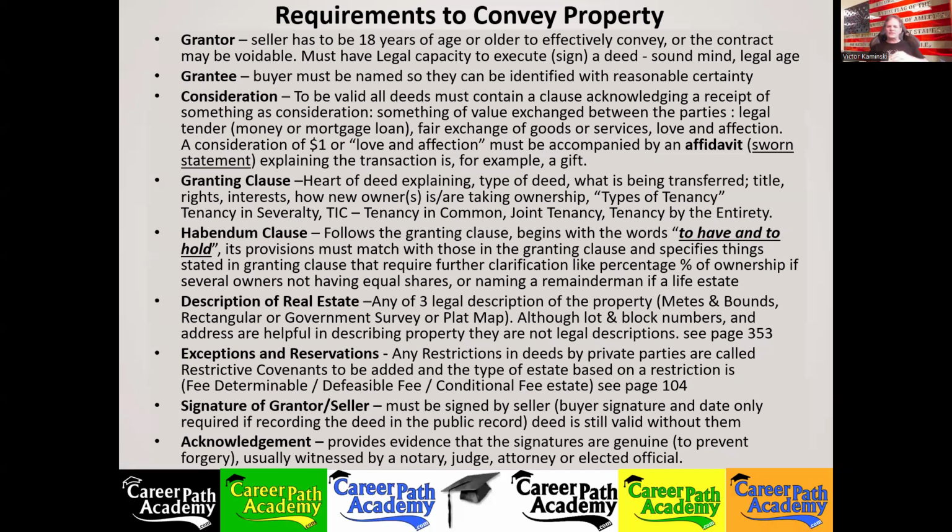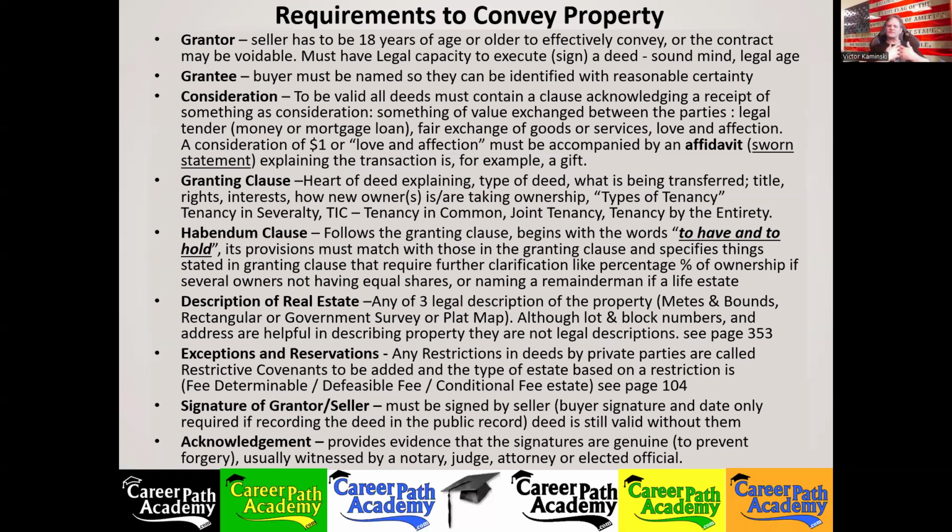So its provisions must match with those in the granting clause and specifies things stated in the granting clause that require further clarification, like the percentage of ownership if there's several owners that don't have equal ownership shares. Or maybe you're going to name a remainderman if it's a life estate. Where would you name them? In the habendum clause.